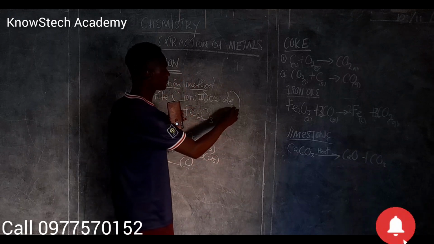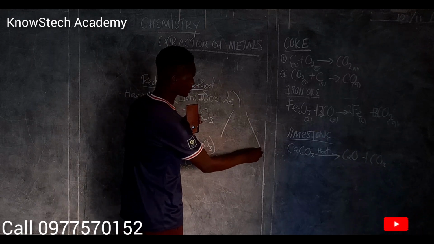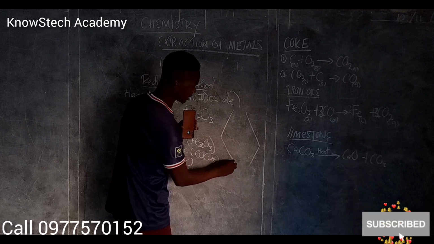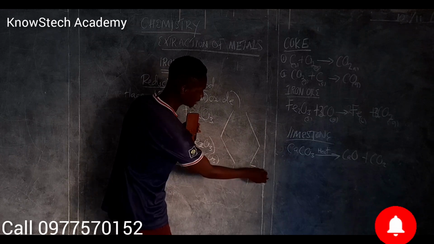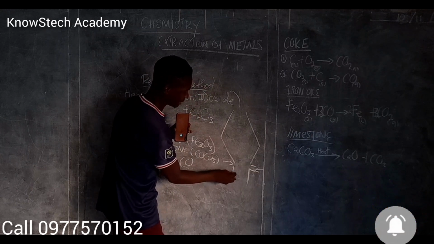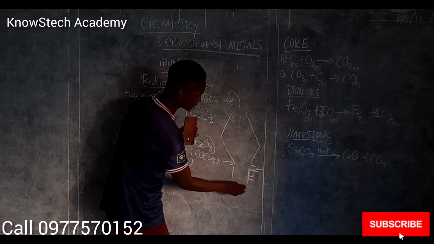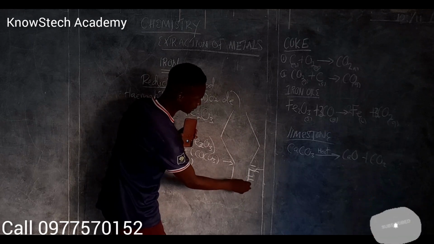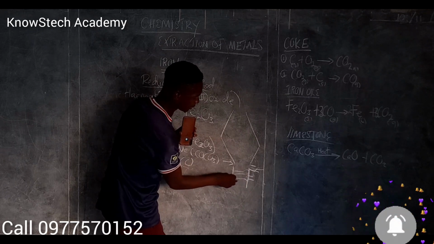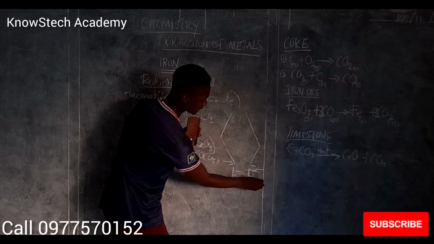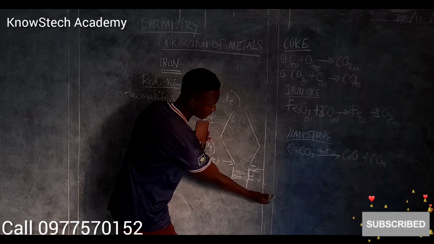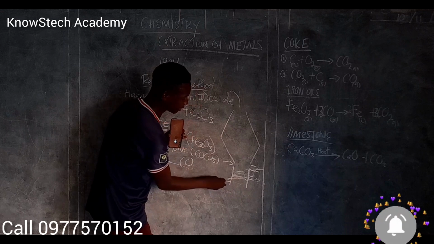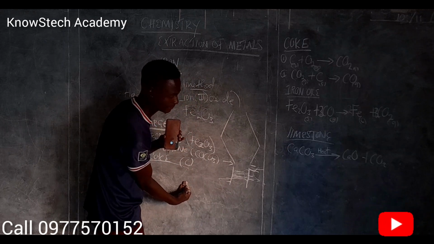If this is the blast furnace, let me just sketch the blast furnace here. Here you have hot air in. You can have outlets here. On top here you have molten what? Molten slag, and it's collected from this side. Then down here you have molten iron, which is collected from this side.